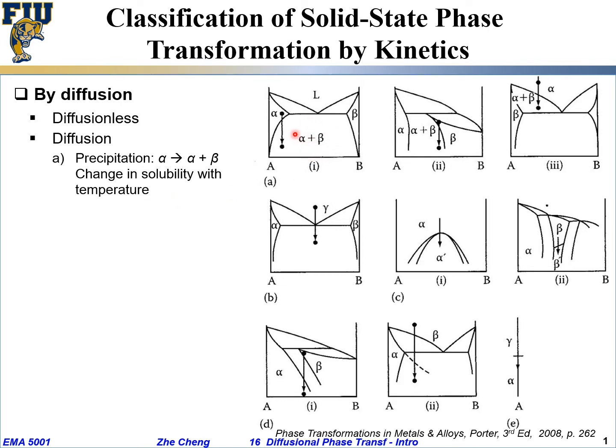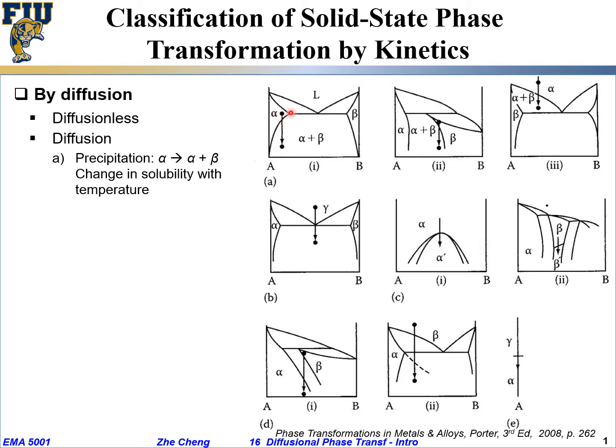For example, for plot number I for A, as the temperature drops from roughly the eutectic temperature to much lower, you see that the phase boundary gradually changes, indicating a gradual change in the solubility. Solubility of what? Solubility of B atoms within the A matrix to form the alpha.